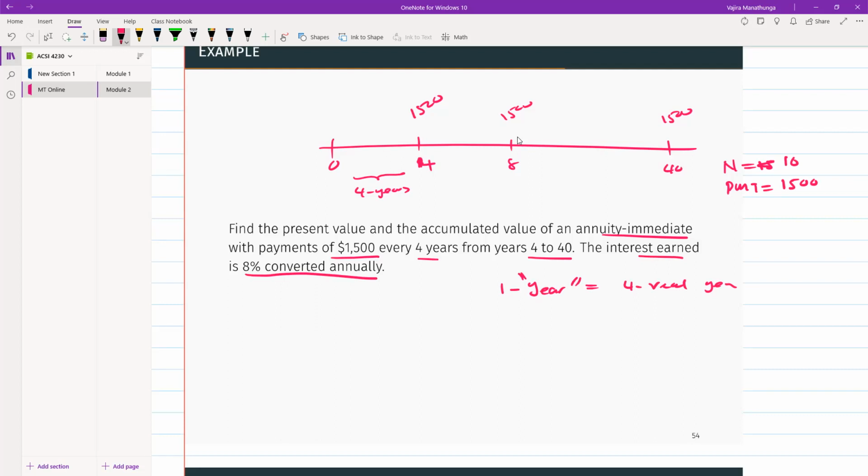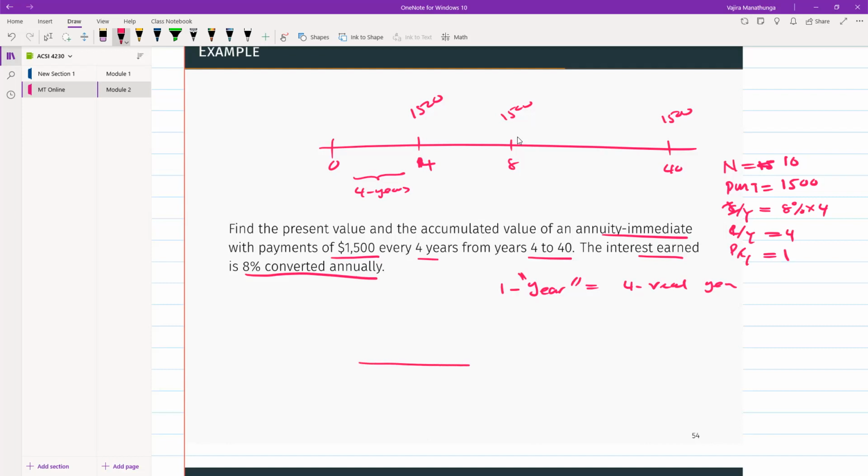So the rate is 8% times 4, but compounding per year is 4 times. Then the payment per year is 1.